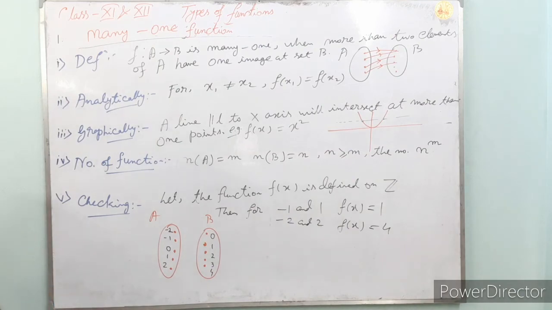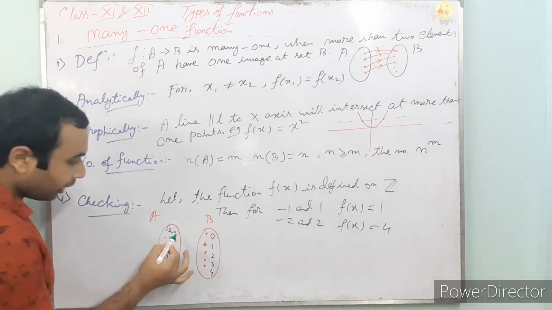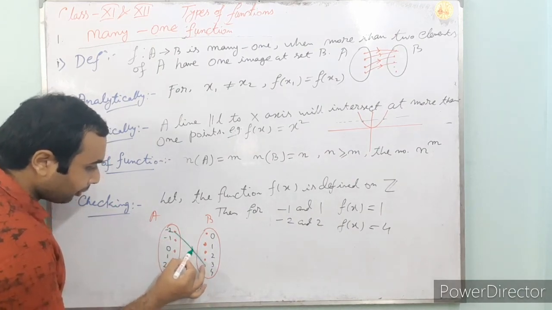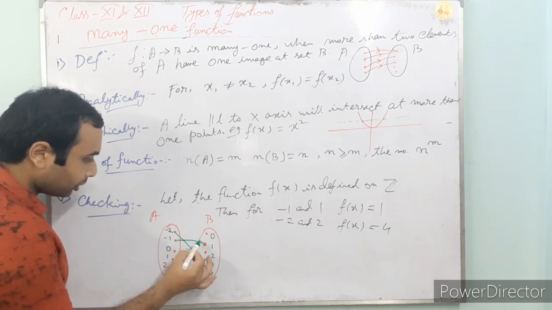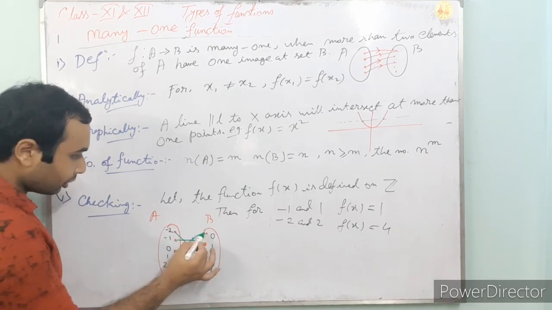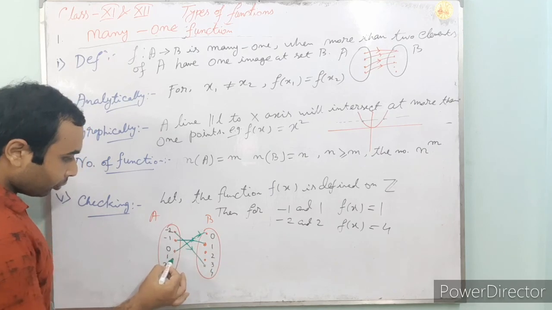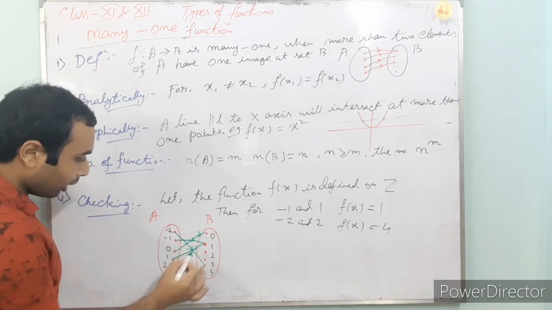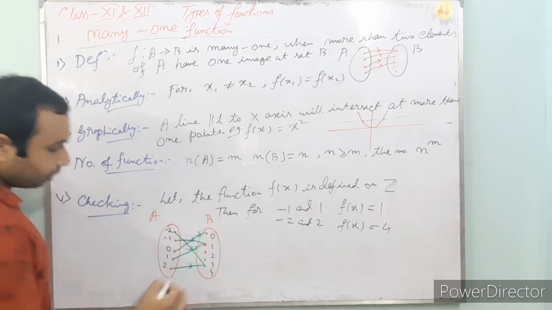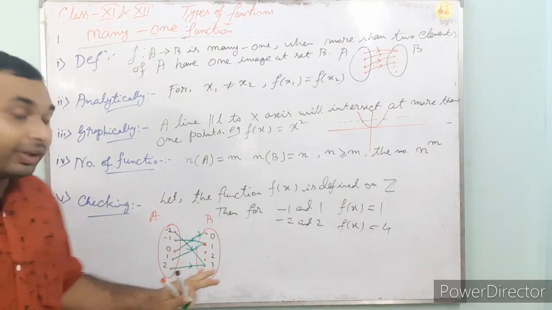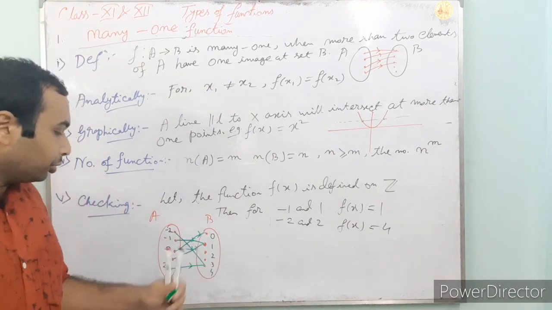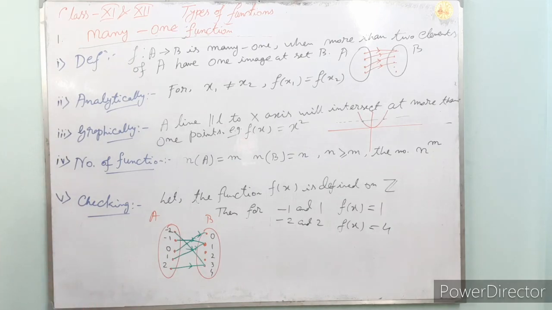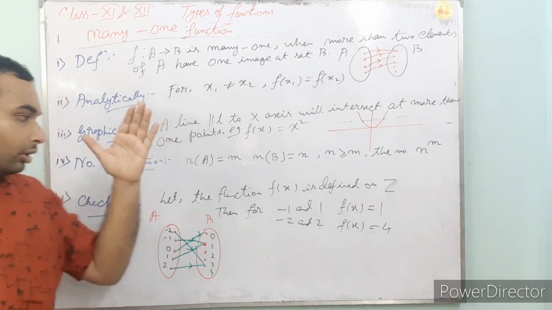If this is the condition, then just see, minus 2 is going to 4, minus 1 is going to 1, 0 is going to 0, 1 is going again to 1, and 2 is again going to 4. Just see, it is the perfect example of a many to one function. Okay, so students, jot it down.